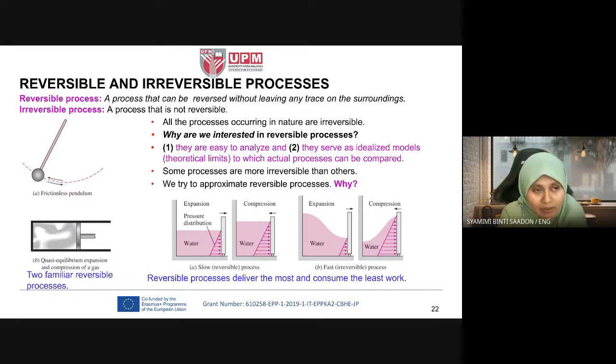Normally we will first assume, in the ideal case, that the process is reversible, even though we know that in reality it is impossible.